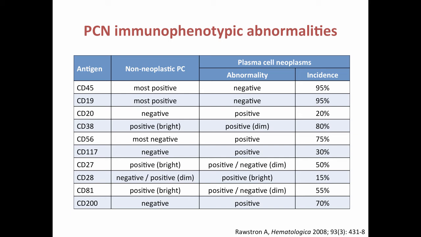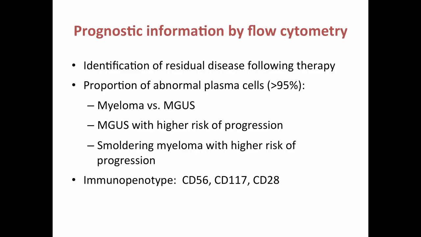The next slide discusses how flow cytometry can also provide prognostic information. The identification of minimal residual disease following therapy is an important prognostic marker and will be discussed later. In addition, the proportion of abnormal plasma cells at diagnosis can provide useful prognostic information.